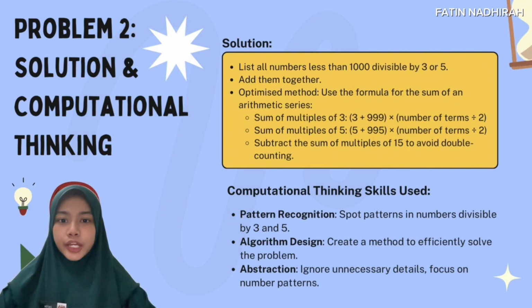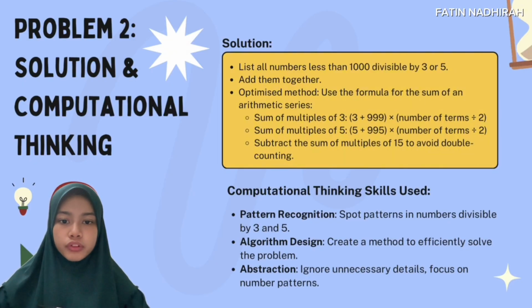First, let's calculate the sum of all multiples of 3 below 1000. The smallest multiple is 3 and the largest is 999. To find how many terms there are, we divide 999 by 3, which gives us 333 terms.